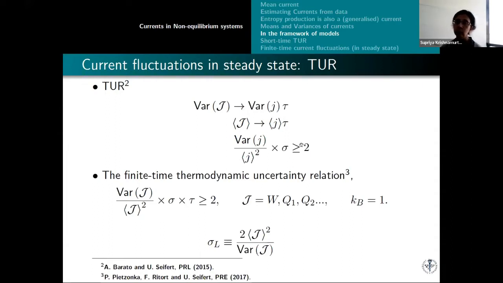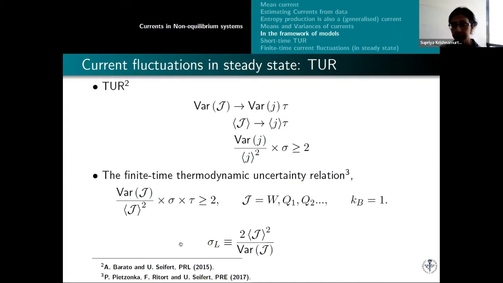And this was very generally true, not just for overdamped Langevin equations, also for master equations, but perhaps not for underdamped, as Seifert mentioned.